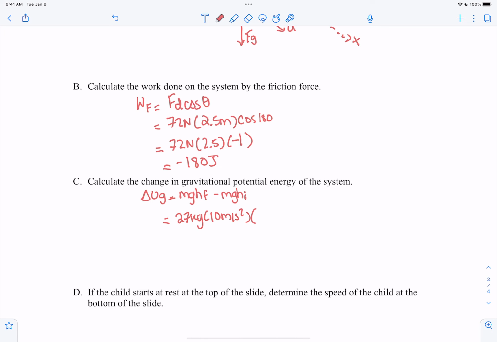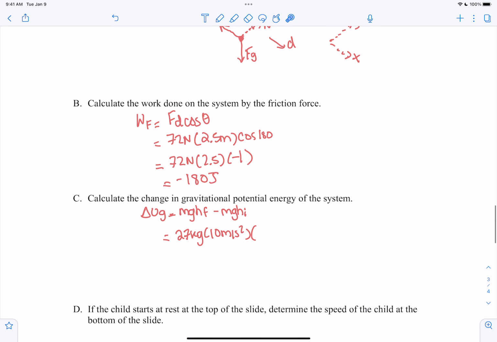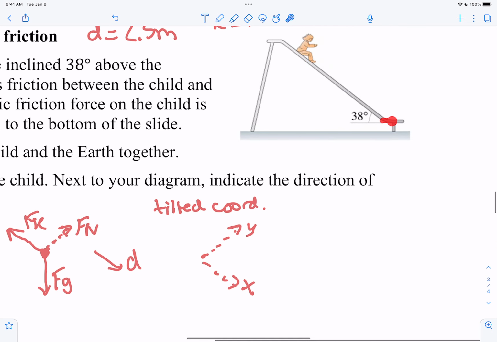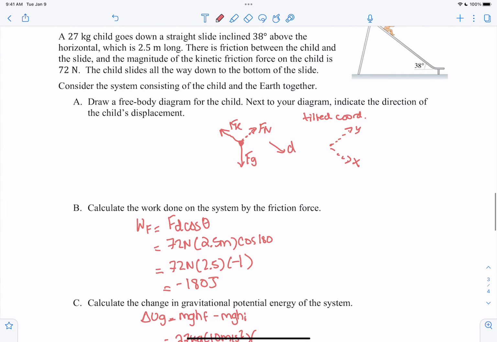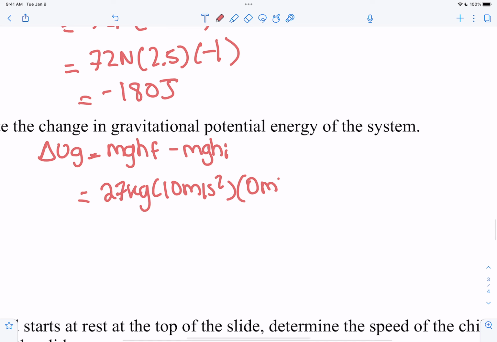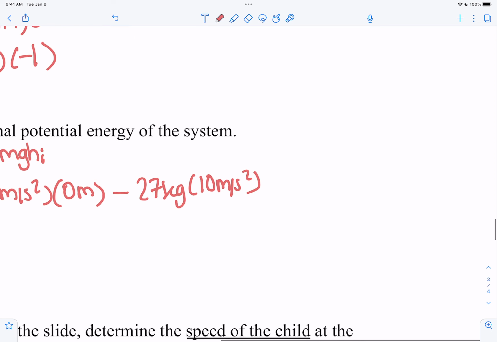And her final height is at the bottom of the slide, which is 0 meters technically. We can make that our arbitrary 0 point. That's the bottom at 0 meters. And then minus another 27 kilograms times 10 meters per second squared, times the initial height, right?